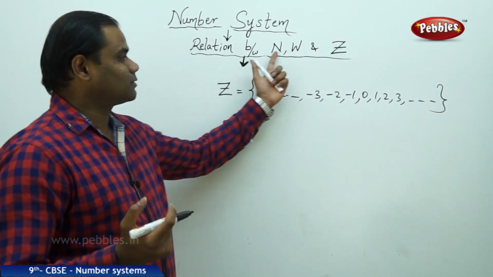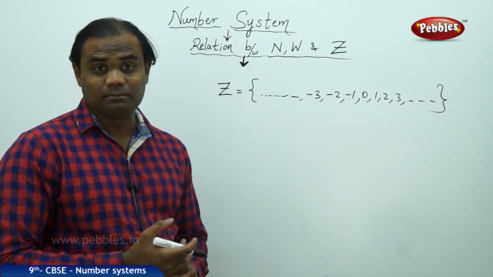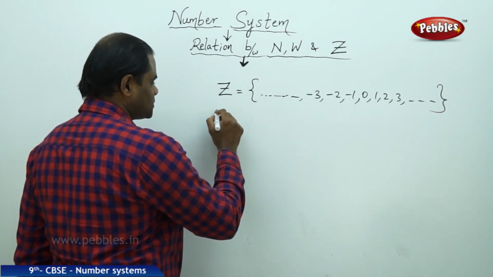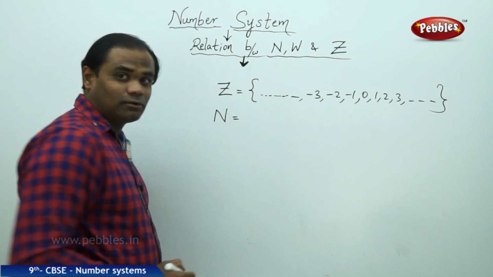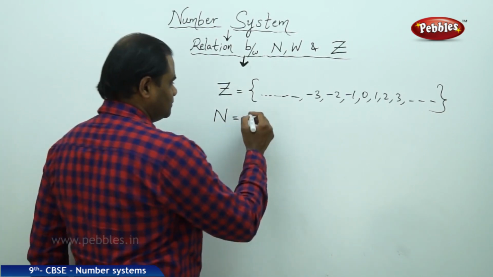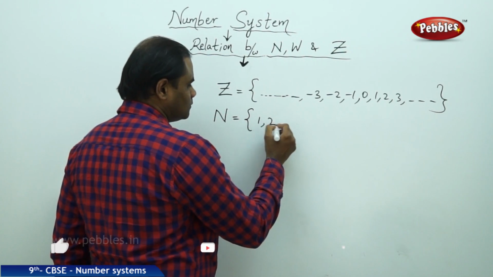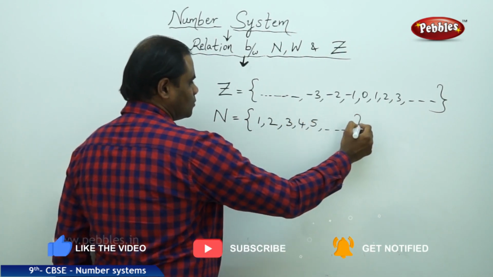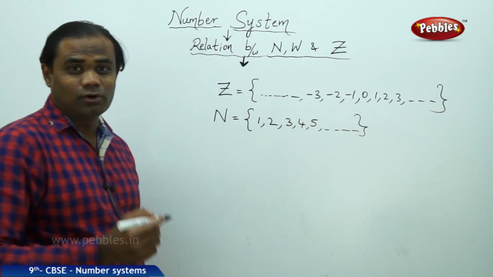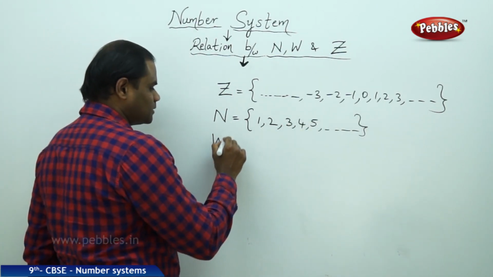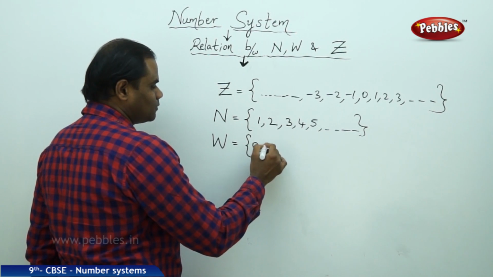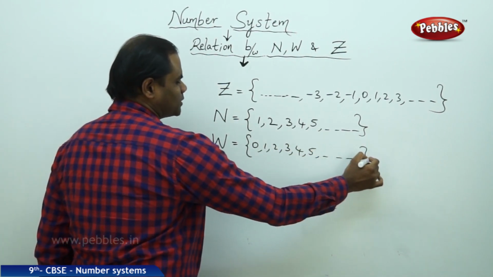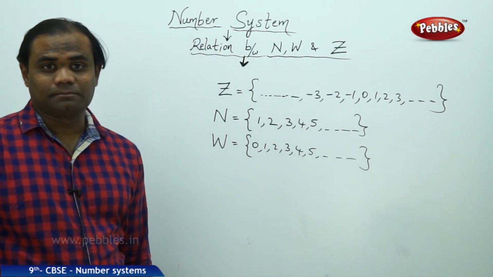Let me also take into consideration the set of natural numbers and the whole numbers. As discussed in the previous session, the set of natural numbers N is 1, 2, 3, 4, 5 and so on, and the set of whole numbers denoted by capital W is 0, 1, 2, 3, 4, 5 and so on and so forth till infinity.